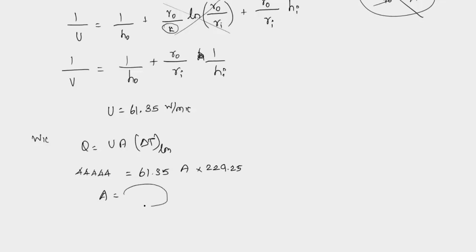This area is equal to pi into D naught into length of the pipe. You know D naught, so from this equation you can find out the length of the tube as 12.57 meter. Okay, this is the final answer, and in the next video we will solve some more problems on heat exchangers with the LMTD method. Okay, thank you all.